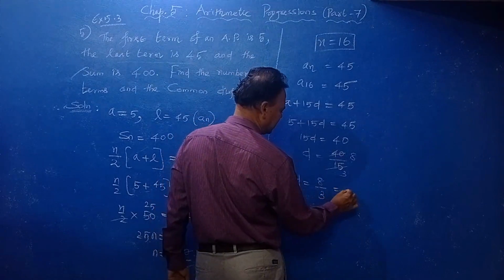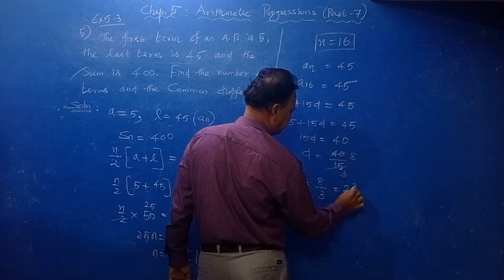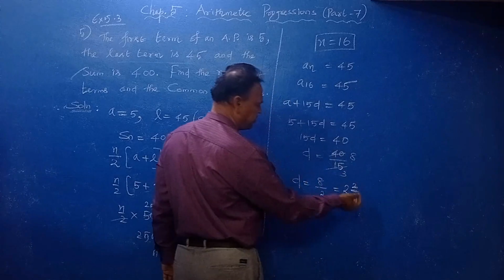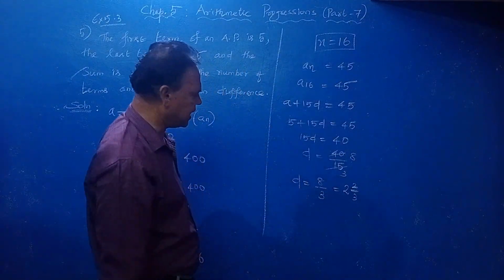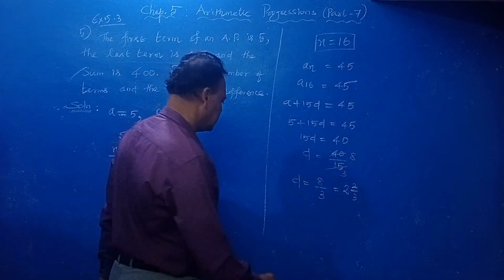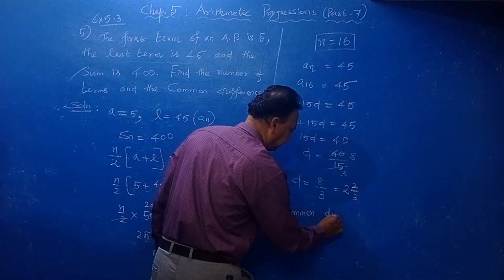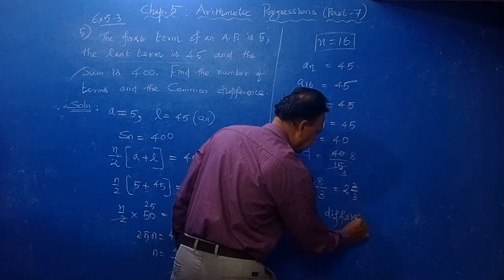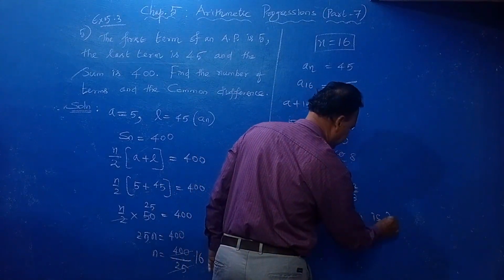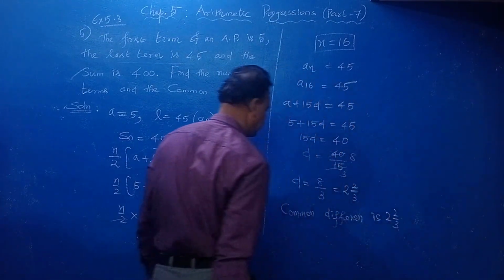You can write in the mixed fraction also. Common difference is 8 by 3 or 2 and 2 by 3. Clear?